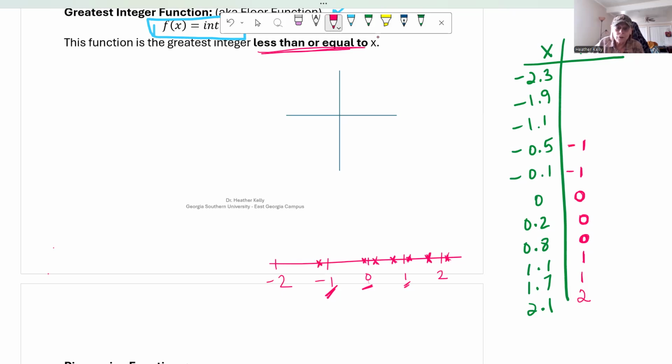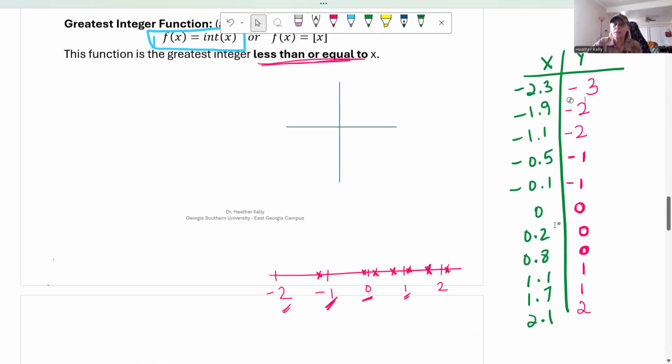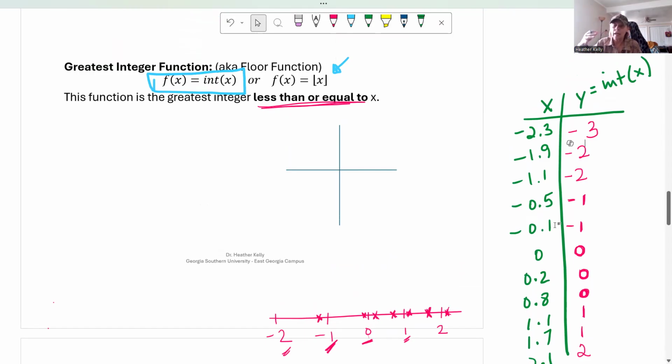-1.1 will be right here, so that falls under -2. -1.9 would be -2. -2.3 would be -3. Okay, now we can take this information and get an idea of what a graph would actually look like here.